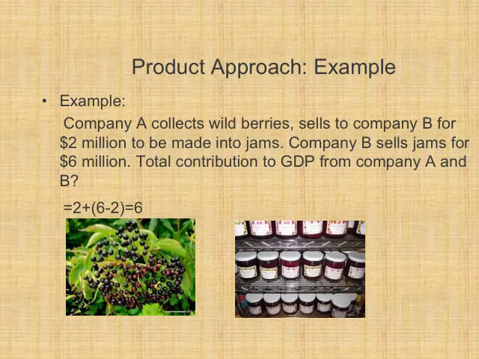Therefore, the value of the inputs must be subtracted from the value of the final product to avoid double counting, because GDP is the value of final goods and services.